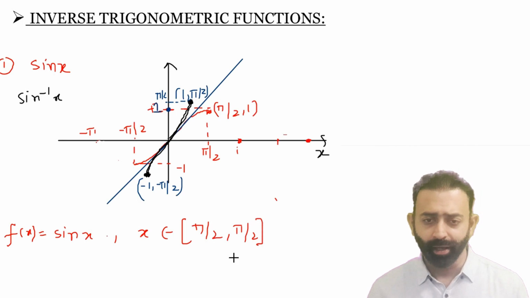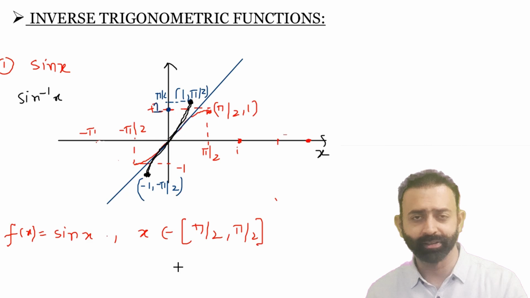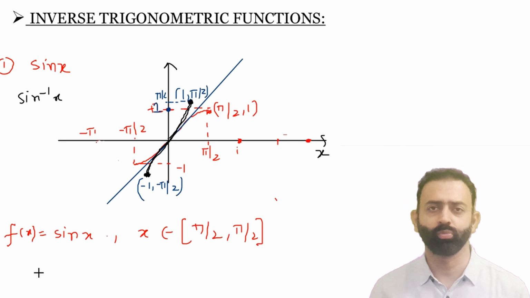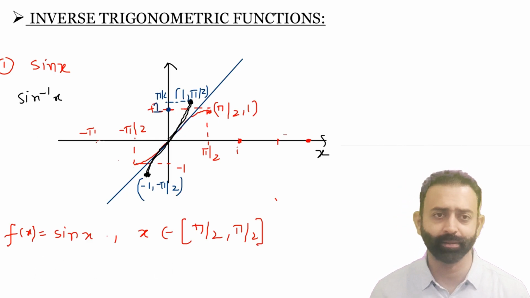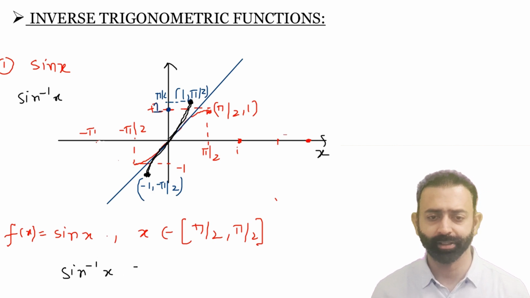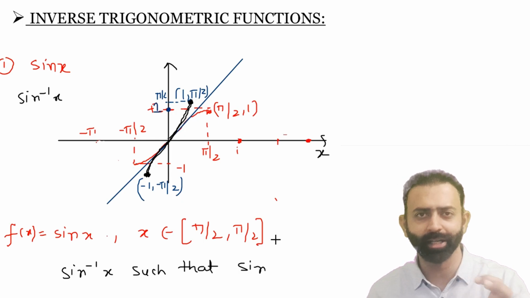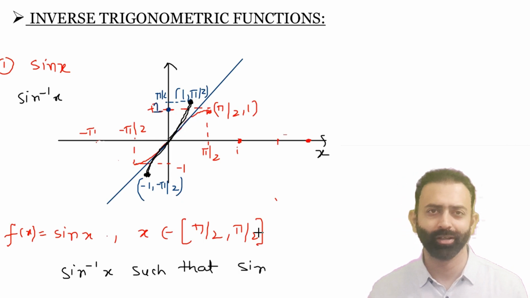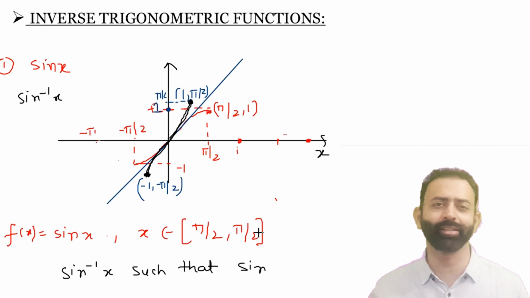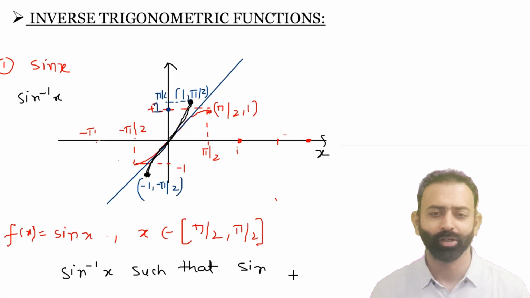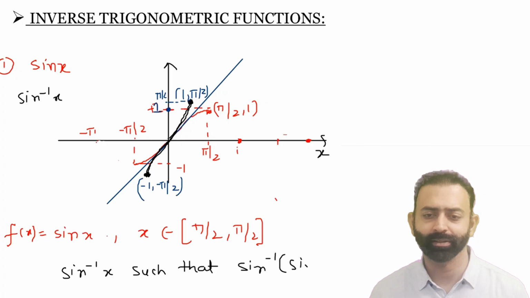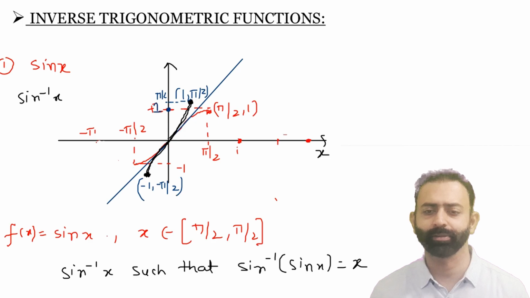If this is defined for sine x, then we are able to write that there is a sine inverse x also, such that, remember from the definition of an inverse function, when we do a composition of sine with sine inverse, or any function with its inverse, you get the same output. So sine inverse of sine x is equal to x.